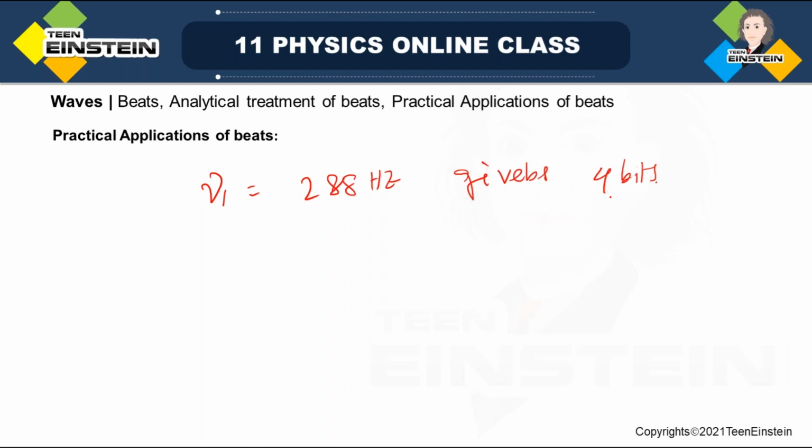So there is a tuning fork of known frequency and another of unknown frequency. When they are sounded, the frequencies superimpose and produce beats, which give you the beat frequency. Suppose the known one is this, so the unknown nu 2 is this plus or minus 4.